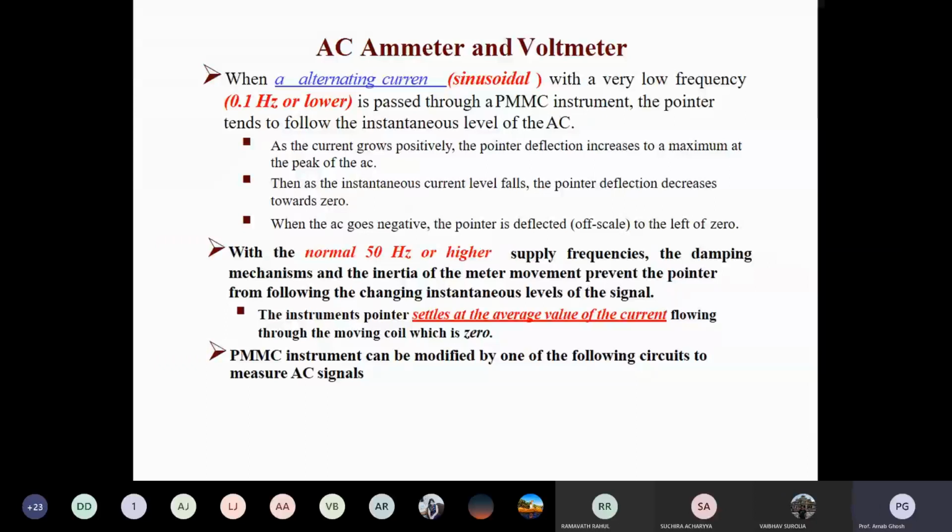PMMC instrument normally measures the DC value, so in DC circuits we get some average value, and the instrument shows the magnitude of that average value. But in AC measurement, the average value of the AC circuit is definitely 0. That's why we are more concerned about the RMS value. It is not the exact average value, it is an equivalent average value.